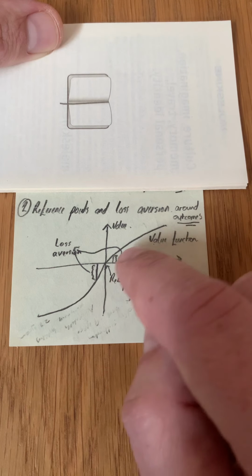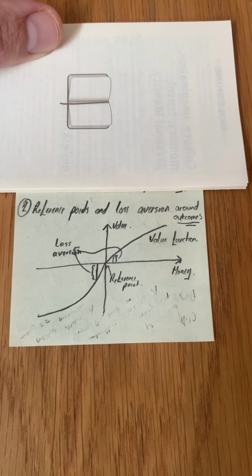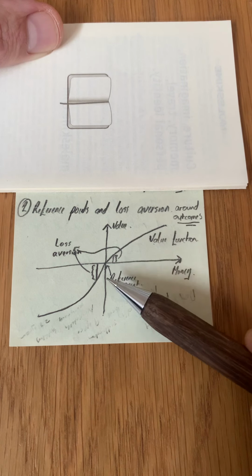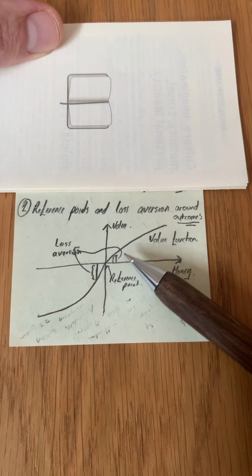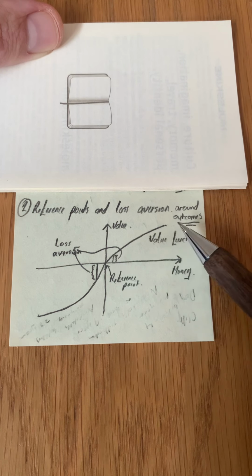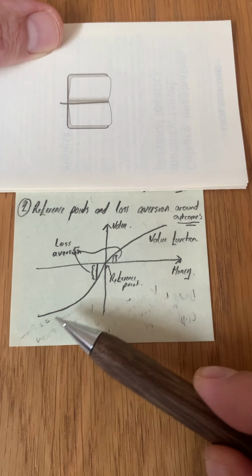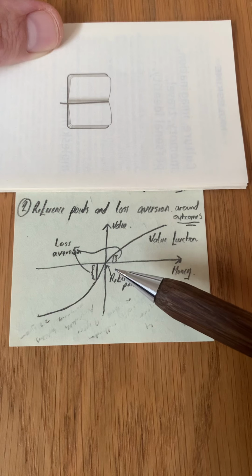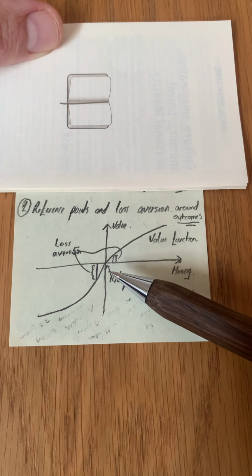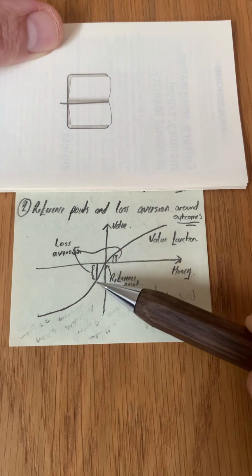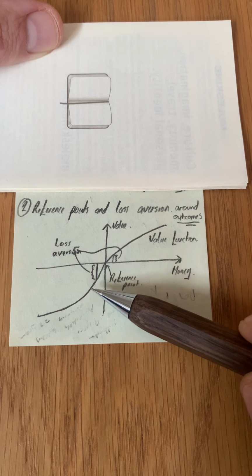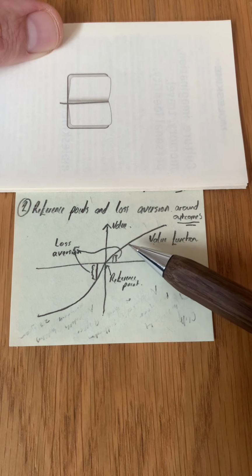So the shape of these value functions implies that people will be risk averse, not very good today, am I? Risk averse in the domain of gains and risk seeking in the domain of losses when they face losses. And there's also this observation of loss aversion embedded into the value function, where you have a kink at the origin. The value function is steeper towards the origin in the domain of losses than it is in the domain of gains.